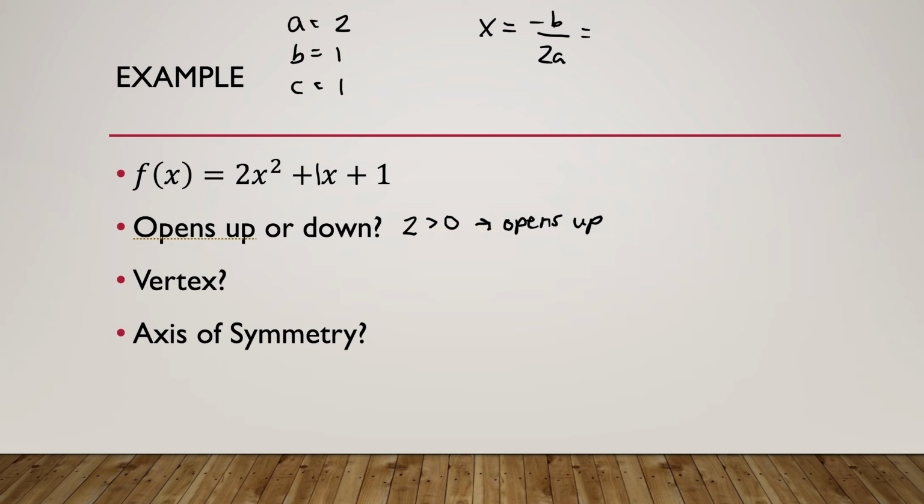So I'm now going to, in place of the b, put a 1. And in place of the a, I'm going to put a 2. So my x value for my vertex is negative 1 over 4.